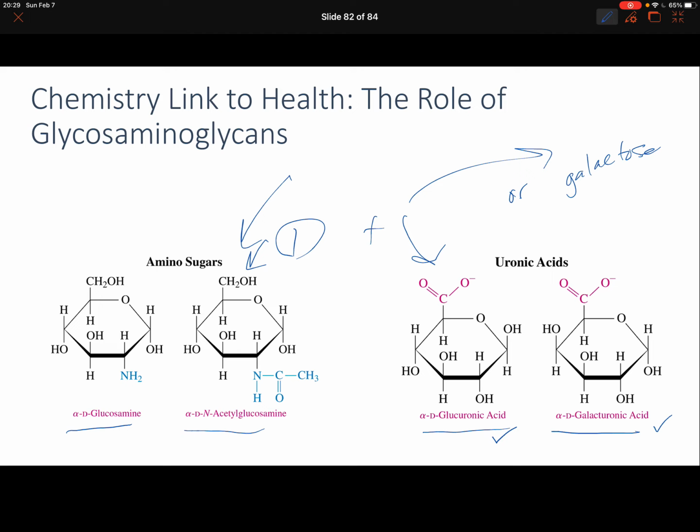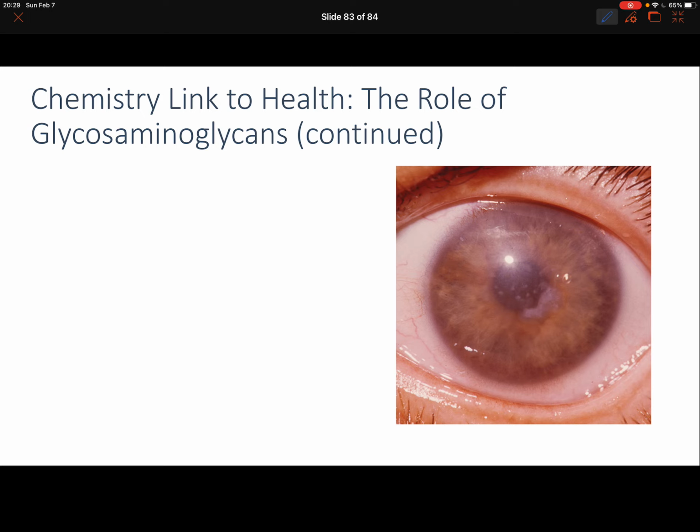And there are obviously different types of glycosaminoglycans. I'm not saying there's only one. There's lots of different ones, and they could be made up of different combinations. What are they good for? What do they do? These are very polar, and they're very negatively charged.